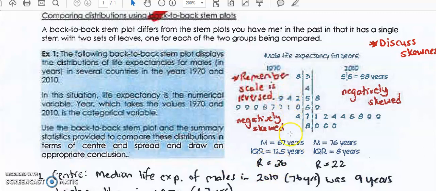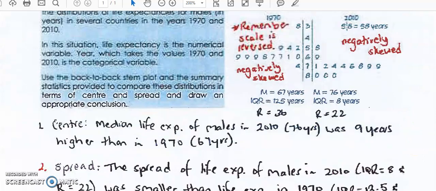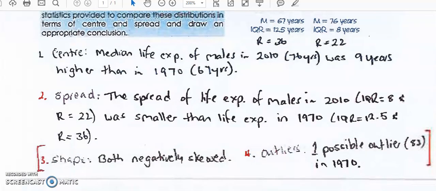The range for 1970 is 36, and the range for 2010 is 22, again the highest age minus the lowest age. Now I'm going to scroll this down, and you're going to copy this, set it out, and these are the things we're going to be talking about.